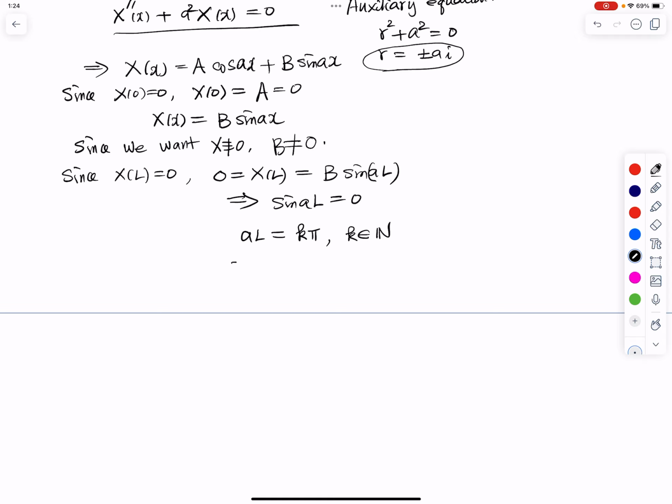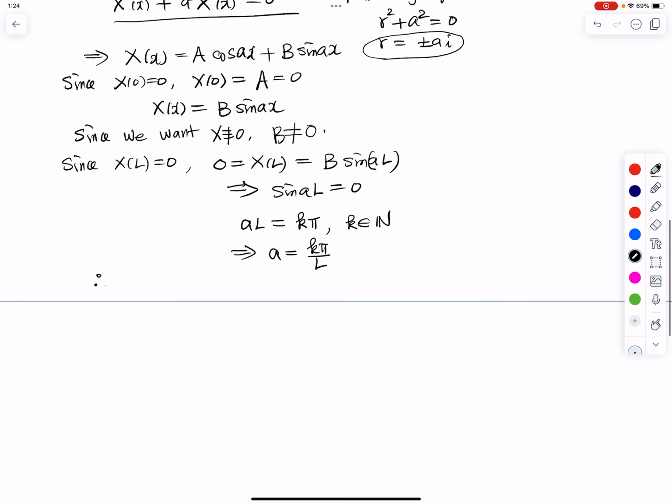Okay, that implies a equals k pi over L. So finally, what do I have here?